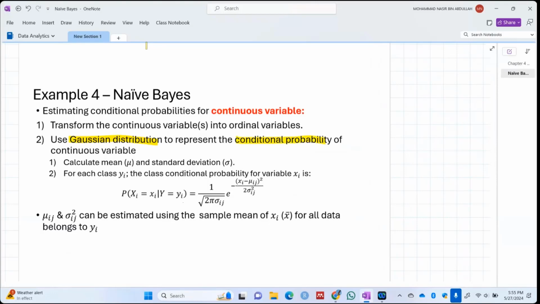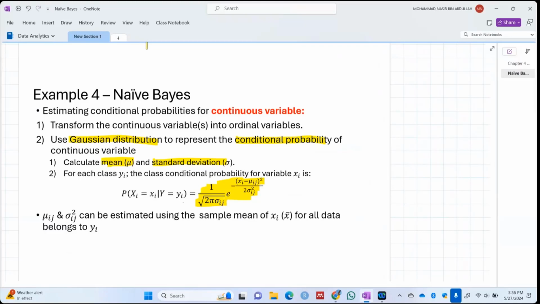If you assume this is a Gaussian distribution, we need to calculate the mean and standard deviation and find the value of probability of X given Y, based on the formula of normal distribution. This is the normal distribution formula: 1 over square root of 2 pi sigma multiplied with exponential negative x minus mu square divided by 2 sigma square.